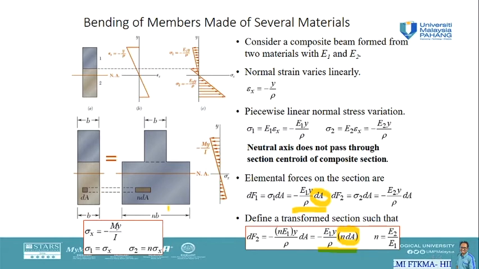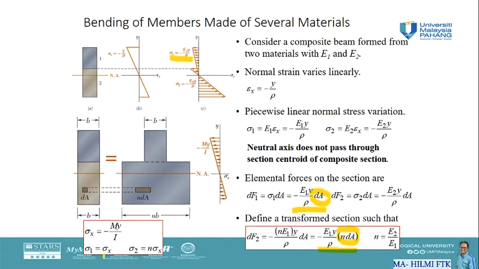In order to obtain the stress sigma 1, which is of material 1, at a point located in the upper portion of the cross section of the original composite bar, we can compute the stress sigma x at the corresponding point of the transformed section.